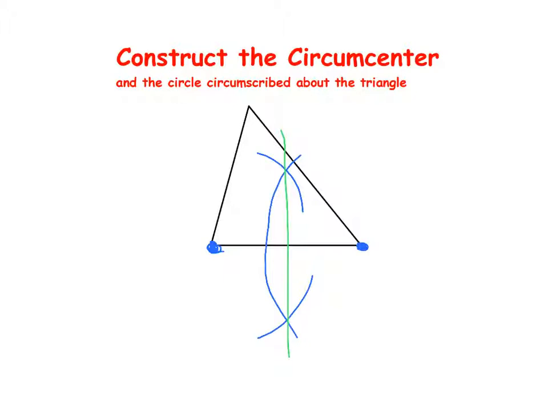I'm going to now do another side. I'm going to start here, open my compass over halfway, do an arc above and below, then put the point on the other side, arc above and below, and draw in your perpendicular bisector. Now I'm totally freehanding this, so forgive me if it doesn't come out exactly right.